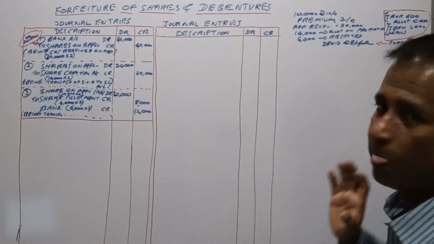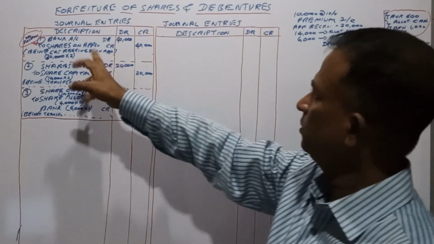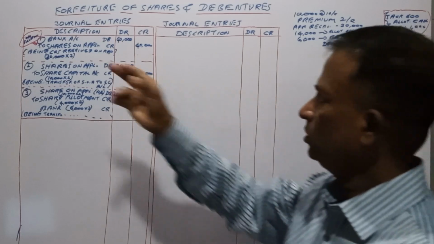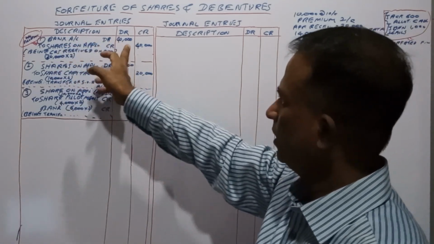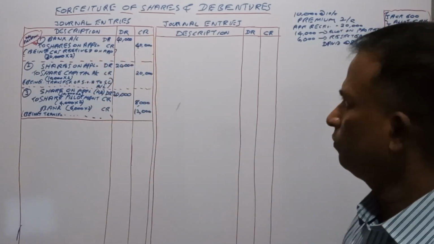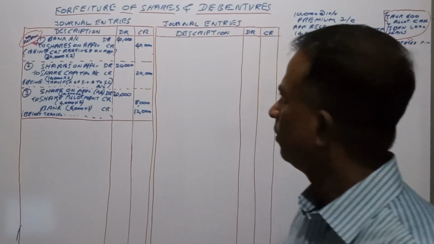So 20,000 applications at 2 rupees each, 2 into 20,000, is 40,000 bank account debit, and share application credit 40,000.